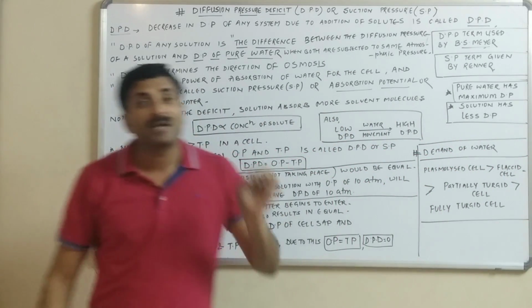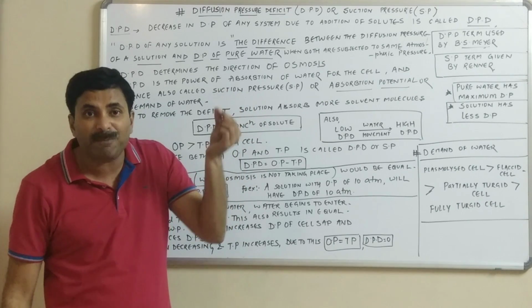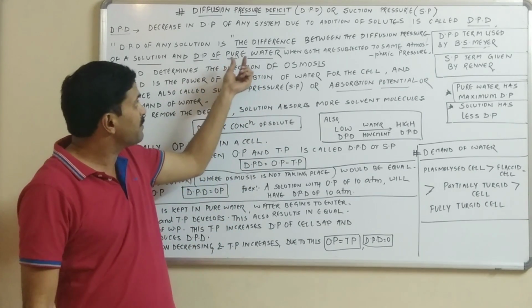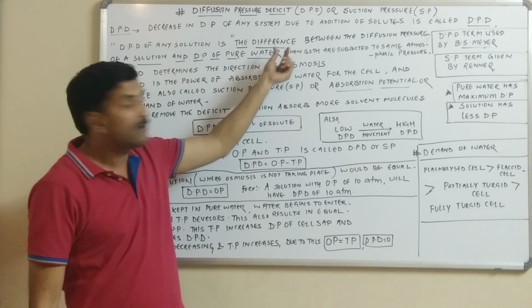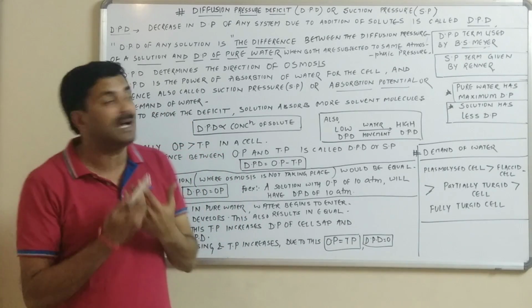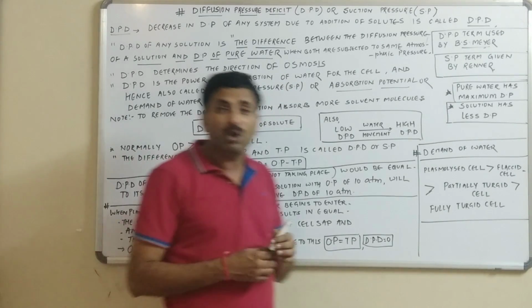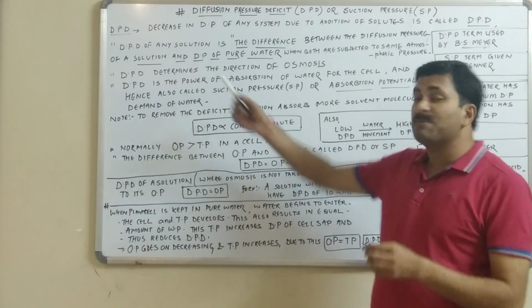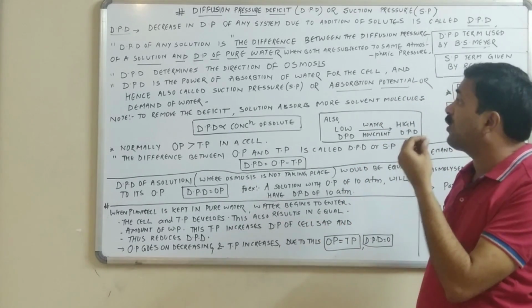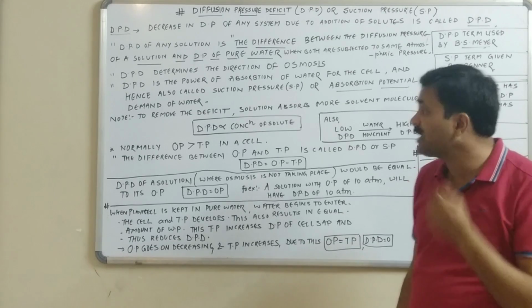Again, the difference in the diffusion pressure of the solution and that of the pure water when both are subjected to the same atmospheric pressure is called the DPD. Not only this, you must know that DPD also determines the direction of osmosis.